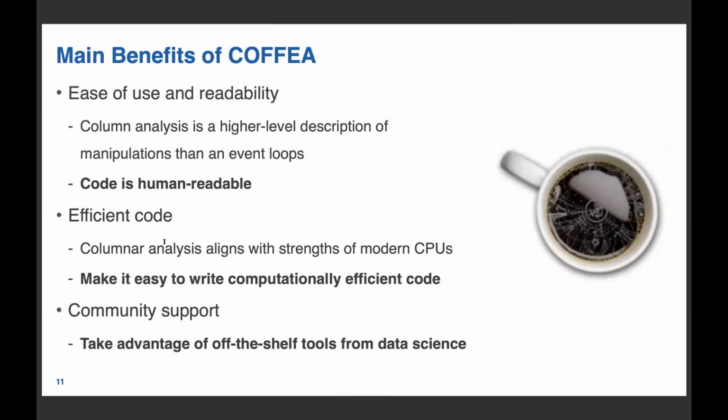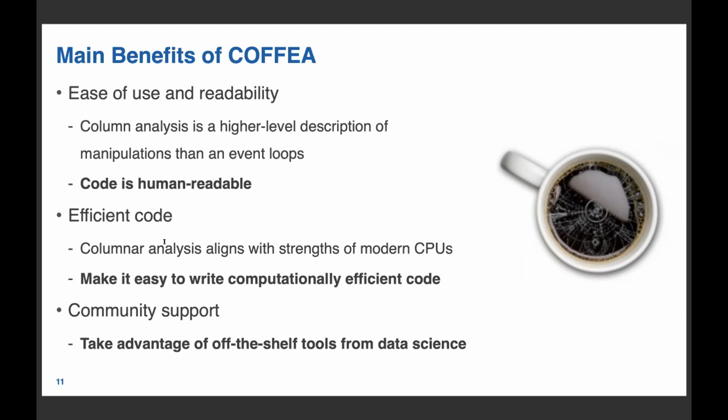So which are the main benefits of approaching data analysis this way? You will see that all these three bullets are rather sociological than technical, as I was explaining before. The benefit of ease of use and readability goes in the direction of allowing less experienced people to write better code.